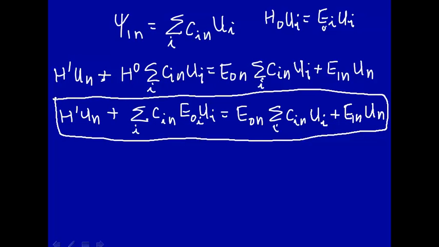All right. Now, again, what we want is the first order correction to the wave function and the first order correction to energy. And how can we extract those things out? Well, the first order correction to the wave function will be equivalent to finding these coefficients, C1n.